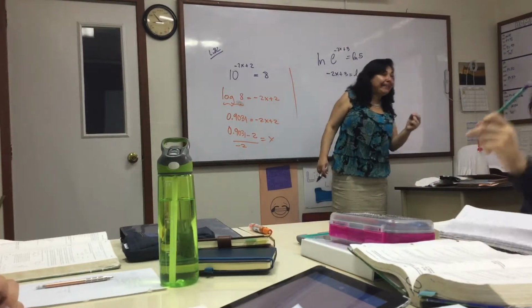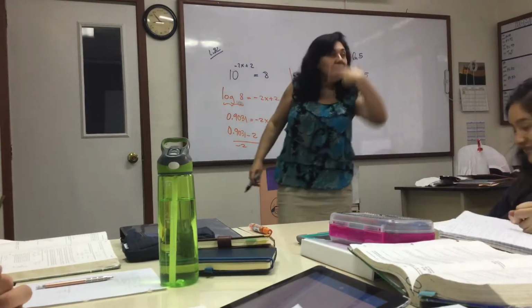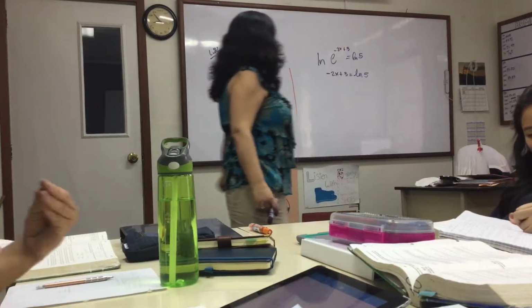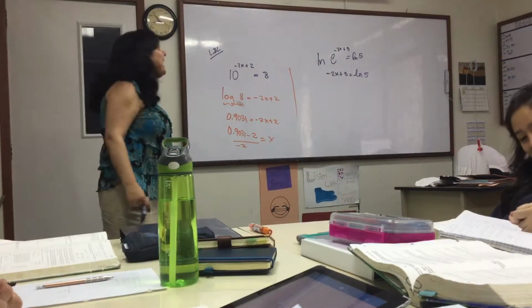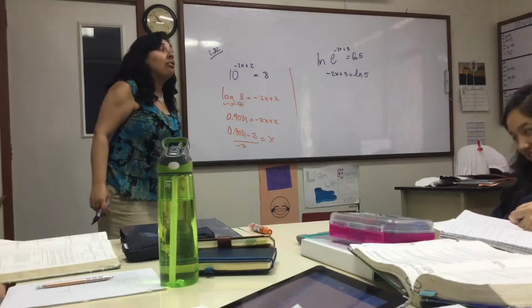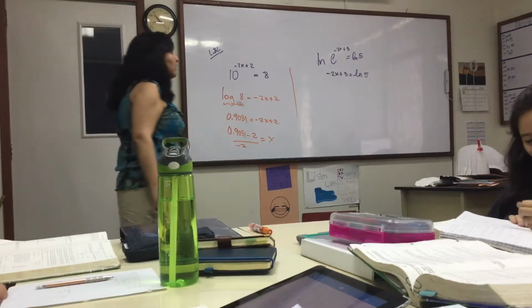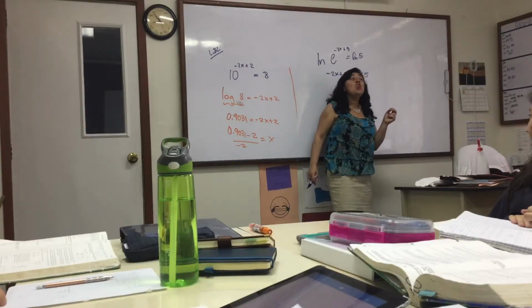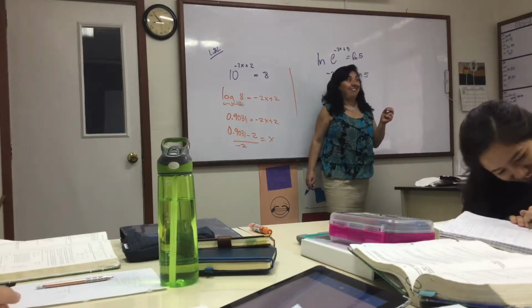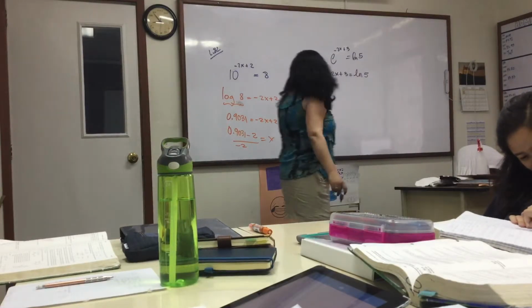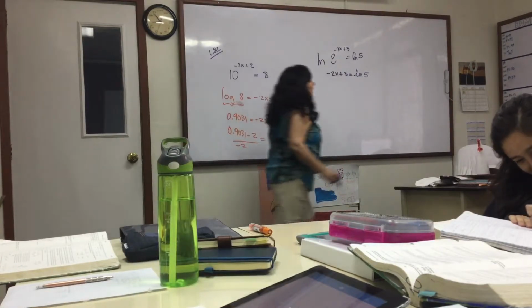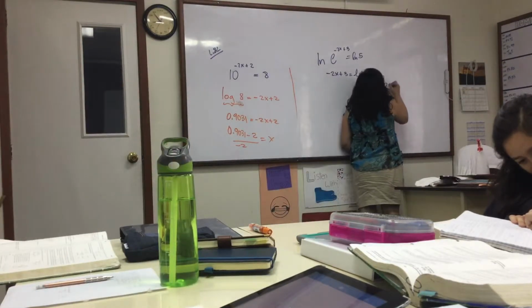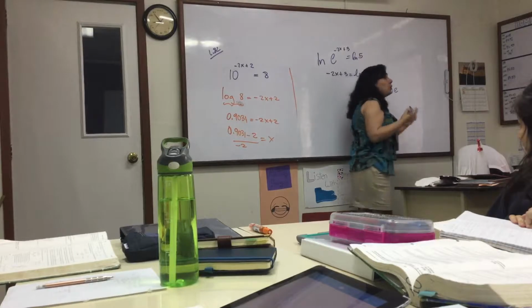Natural logarithm is the same as that thing that looks like an E. It's not an E, it's an L. Logarithm base e has its own name.